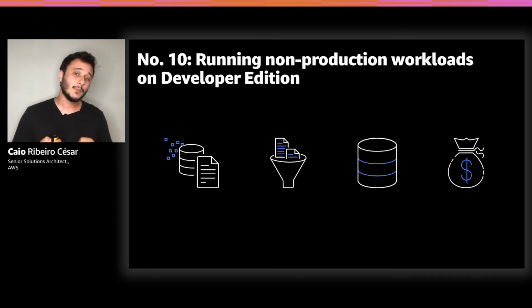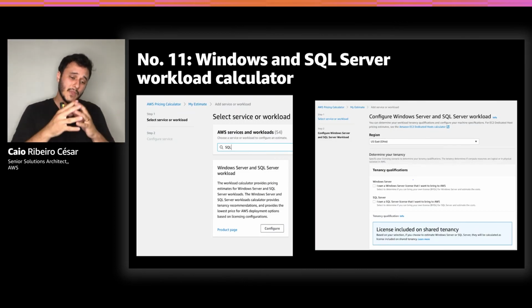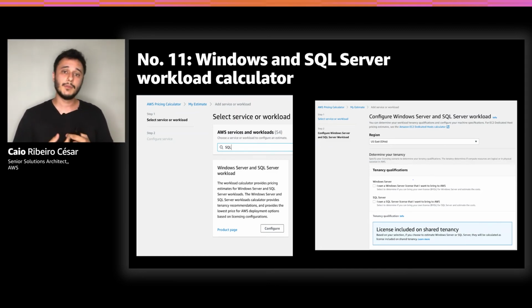Let's take a look at number 11. Okay, since we are talking about the options that customers have for SQL Server, options such as Software Assurance, options such as bring your own license in dedicated hosting, and also when you're thinking about shared tenancy, can I do it or not? We think about how we can help customers decide what they can bring and what options they have, right?